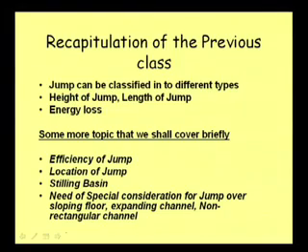Well, let us first see what we did in the last class. We covered the jump and how it can be classified. Then we were discussing the height of the jump and the length of the jump, and how we should measure them. We should try to do it as precisely as possible, though it is difficult even in the laboratory.